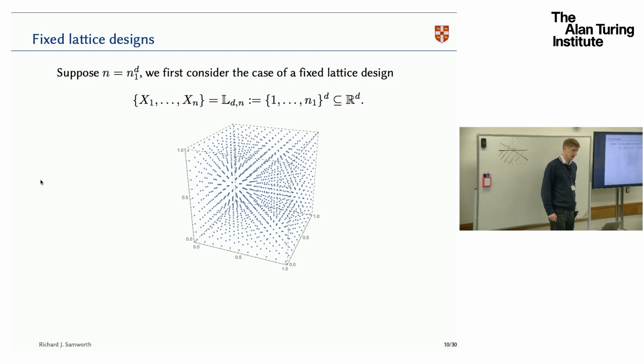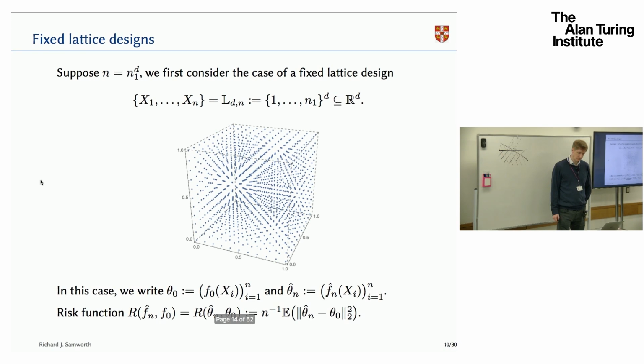Okay, so let's focus on the case of a fixed lattice design, and let's suppose that our covariates take values on this grid. Just for simplicity again, I'll think of my sample size as being a dth power of an integer, the dth power of n_1.